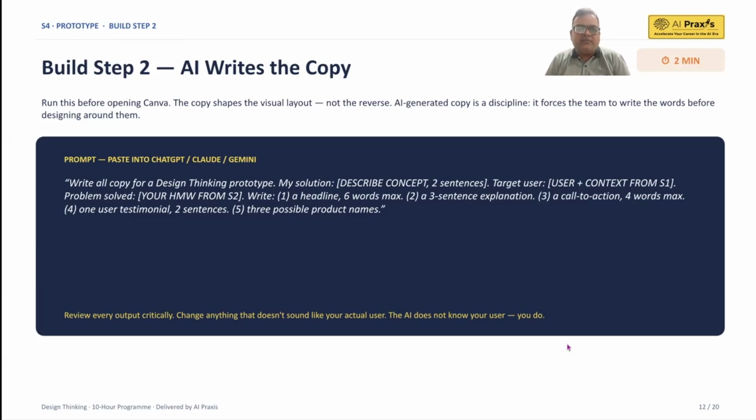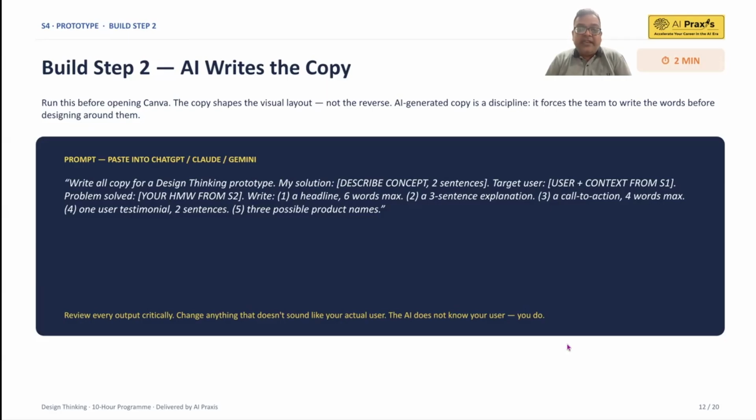Paste it into ChatGPT, Claude, Gemini, whatever you're using, and simply tell the AI what your solution is, who your target user is, what problem you're solving. The AI will generate 5 things. It is going to generate a headline, a 3 sentence explanation, a call to action, a testimonial, and 3 product names. And this gives you a strong first draft in less than a minute.